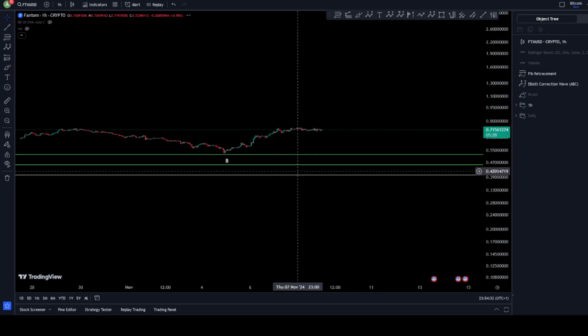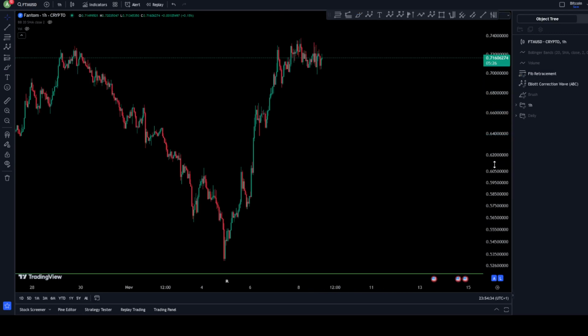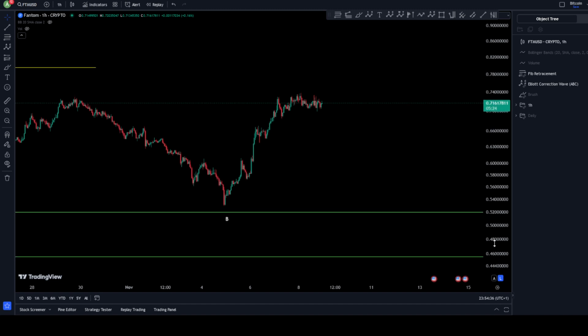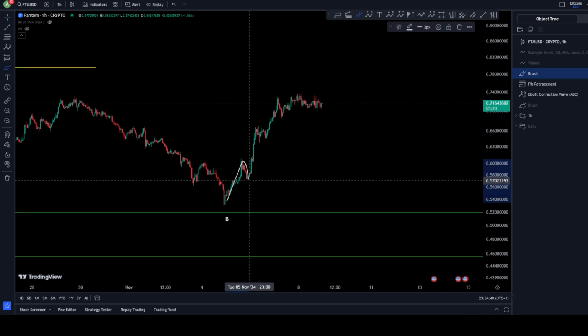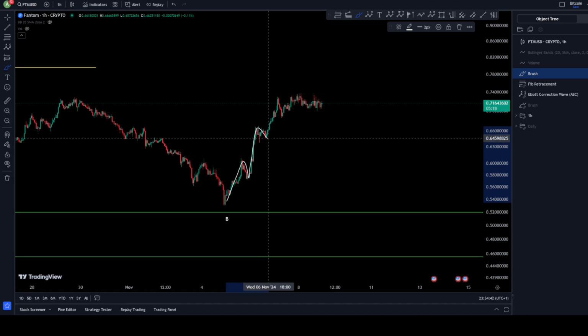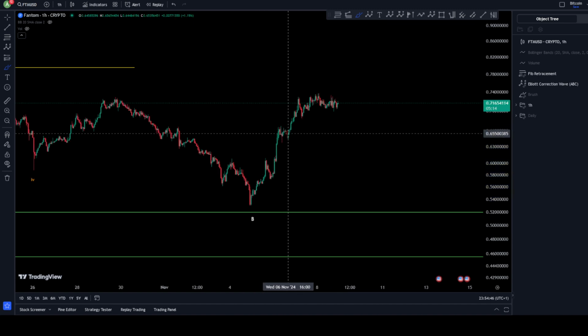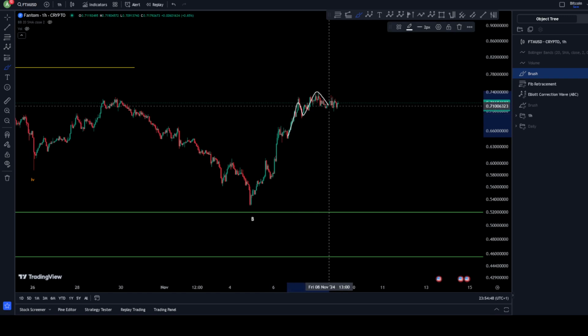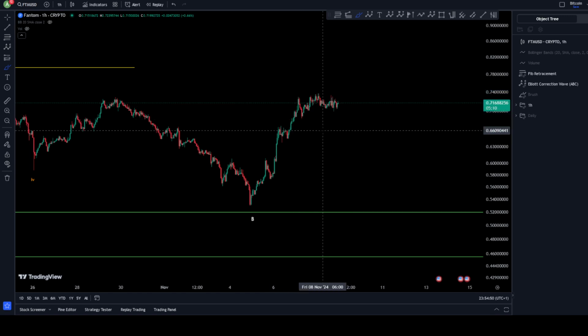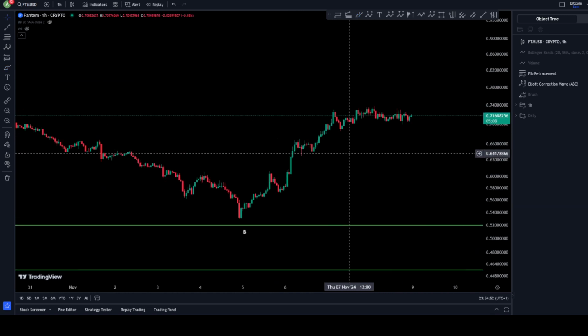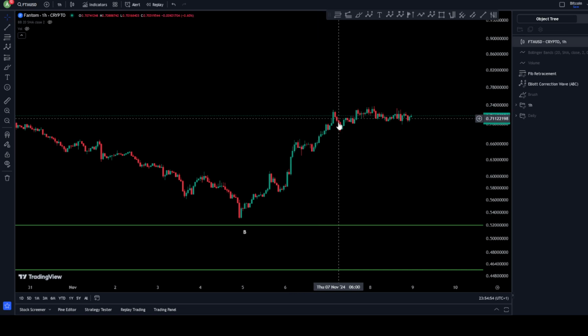Now let's go back to the 1 hour chart to see this wave 1, whether it is a normal impulse or it's going to make problems. Normal wave 1, perfect. 3, 4, and the 5. 1, 2, 3, 4, we need one more wave. The 5 is a zigzag.